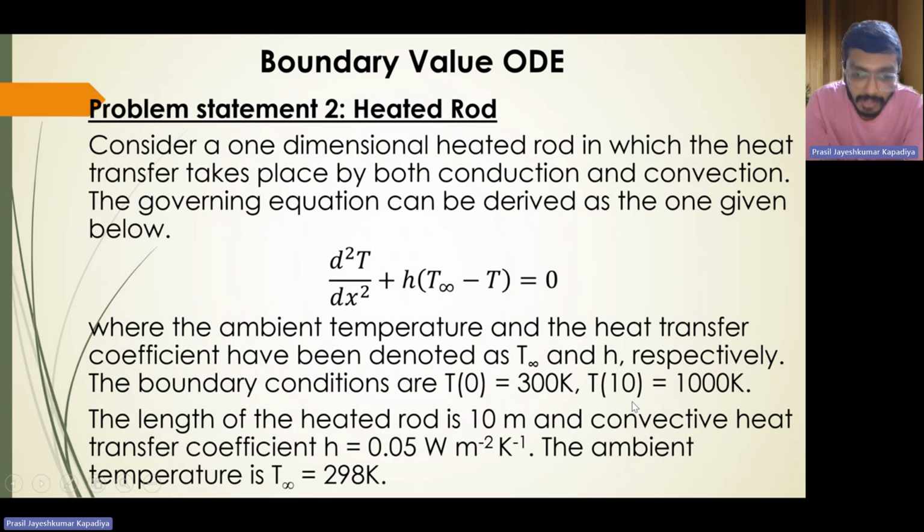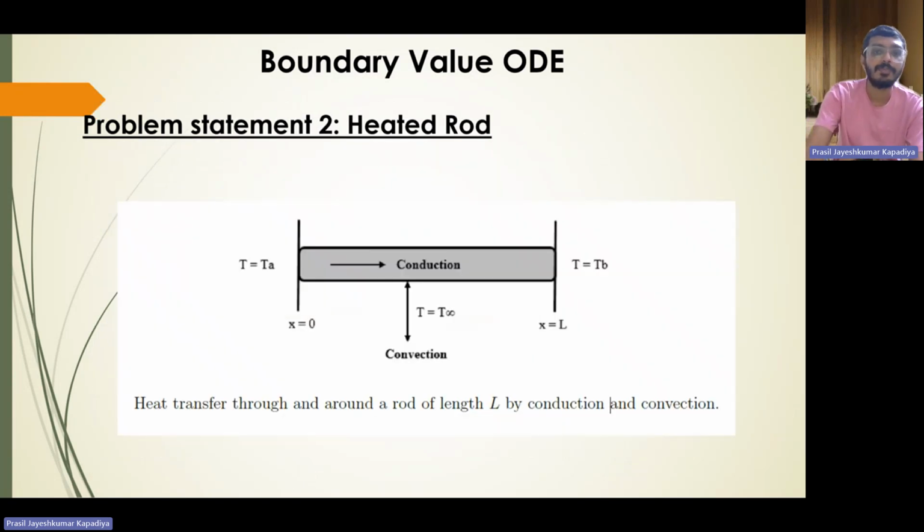The convective heat transfer coefficient h is equal to 0.05. We are given the value of h, and every unit is in SI unit, 0.05 watt per meter square per Kelvin. The ambient temperature T infinity is equal to 298 Kelvin.